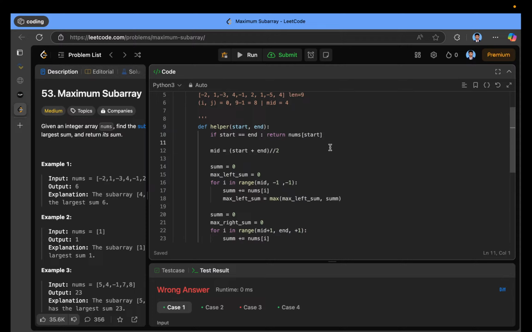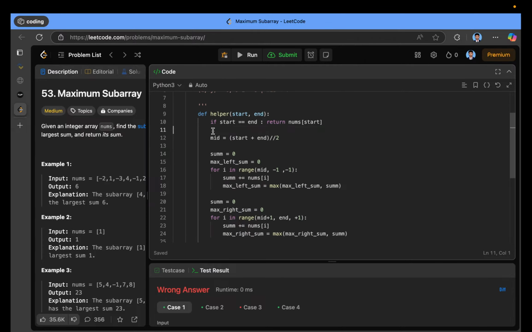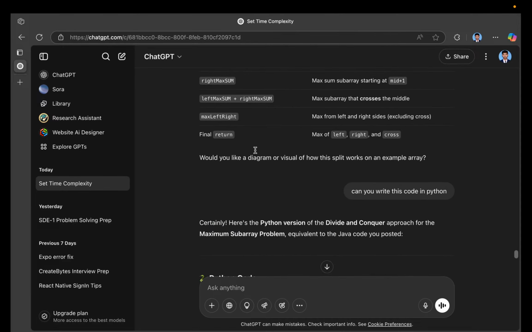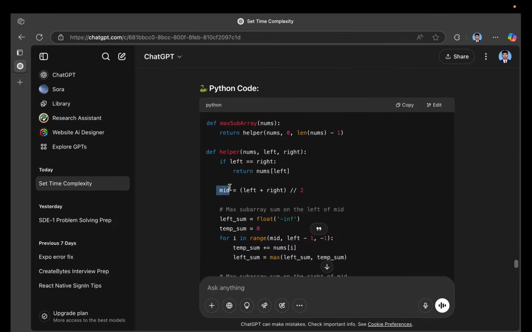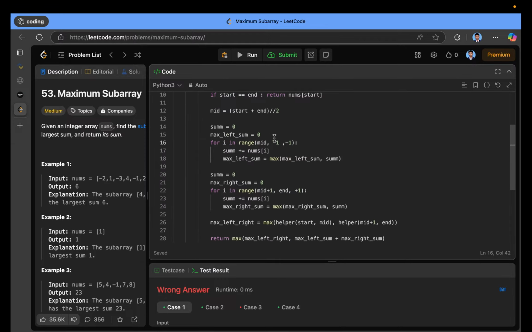Let's first see what can be wrong in the code, then I will do a dry run. Start equals end, return start. Mid is start plus end. Sometimes the way to find the mid element is different. Nah, it is right. Sum is equal to 0, max left sum.